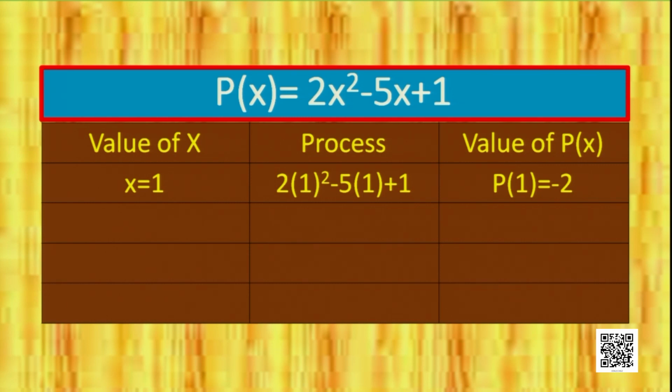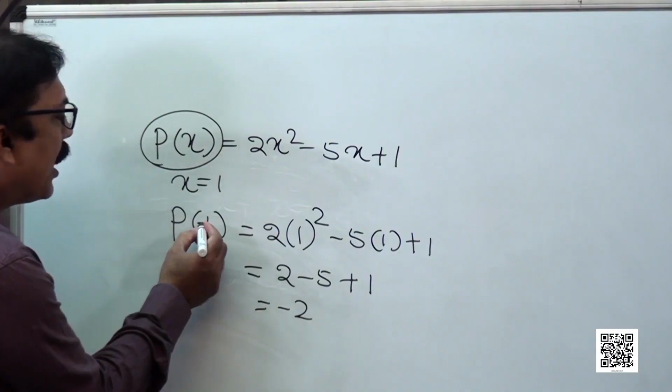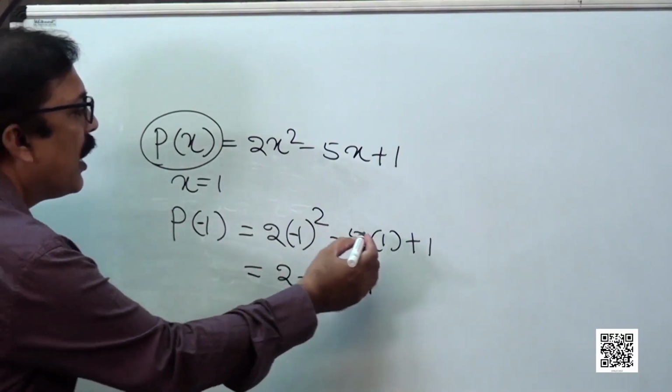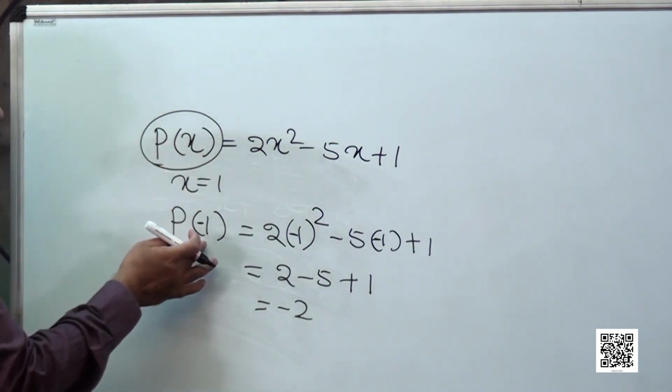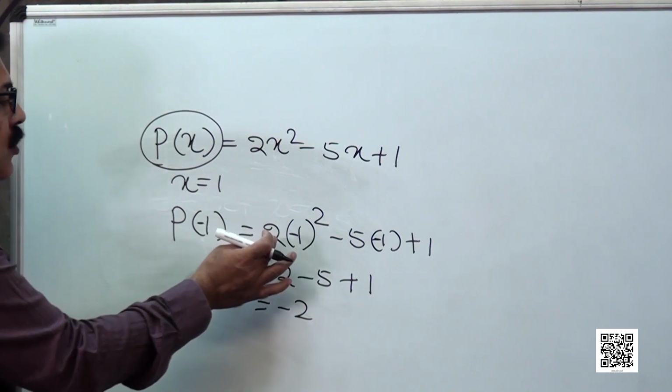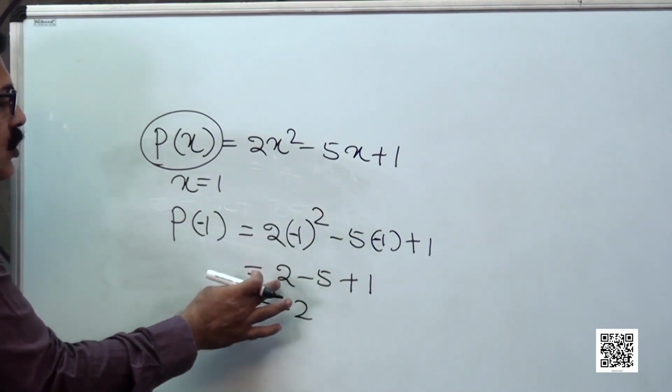Let's take the value of x as −1. Then we get 2 into (−1)² − 5 into (−1) + 1. What is the value now? If we replace x by −1, then (−1)² is 1, 1 into 2 is 2.